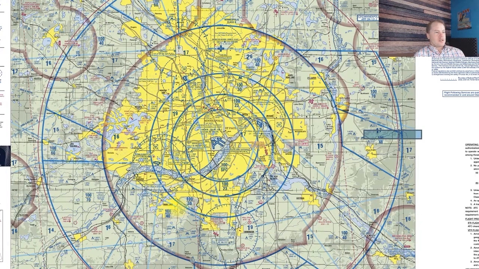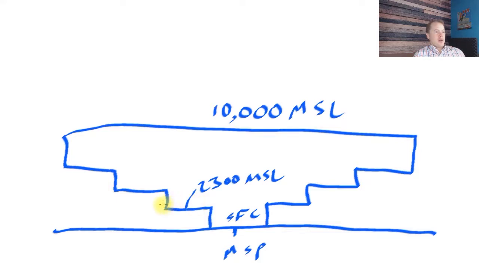If we go further to the south, what's this section right here? Well, we can find the numbers here. Again, it goes all the way up to 10,000. But the floor of this ring is 3,000 feet MSL. So if we go back to our diagram, that is this section right here. And we're going to say this section starts at 3,000 feet MSL.